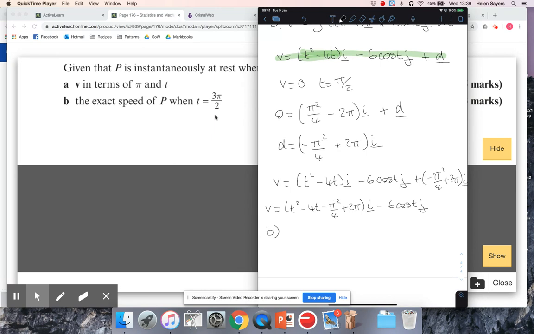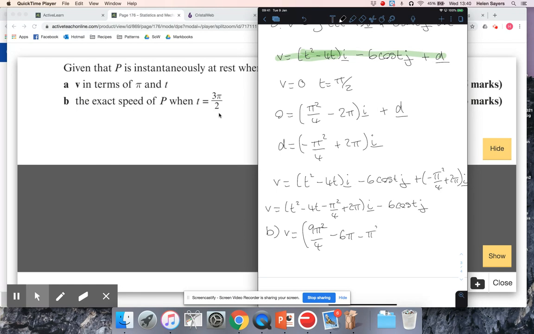So first of all, let's get the velocity. Basically this question is now quite tricky because of all the simplifying. So 3 pi over 2 all squared is going to be 9 pi squared over 4. That's just squaring all of that. Minus 4 times t, so that's going to be 6 pi.